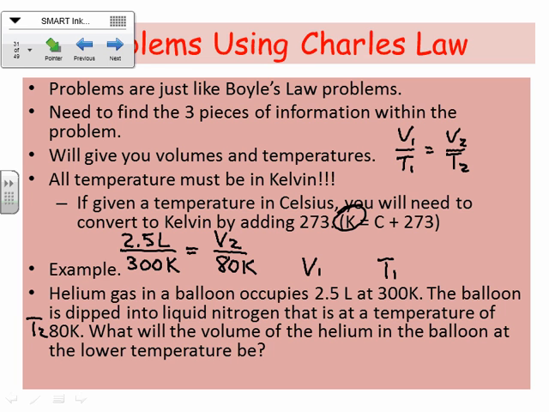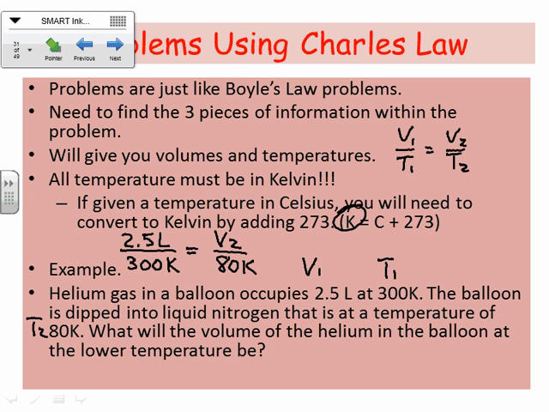So you take the 2.5 times 80, and you set that equal to the 300 times V2, and then solve that way. Whichever one you're more comfortable with is fine. It doesn't matter to me. This is just a fairly simple algebra thing. The cross multiplication might be a little bit easier when your variable's on the bottom of the fraction, and it might have fewer steps. So however you want to do it is fine.